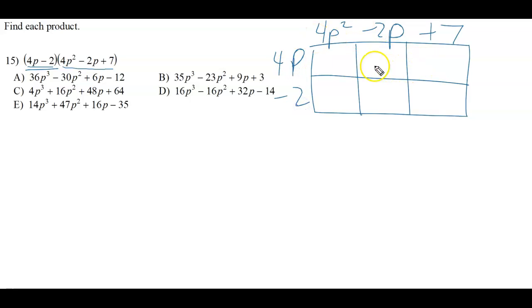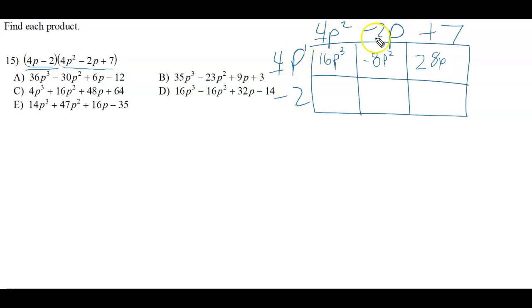And once again, you just multiply to fill in your box. So we have 4 times 4 is 16. And p to the first power times p to the second power is p to the third power. And so on. 4p times negative 2p is going to be negative 8p squared. 4p times 7 is going to be 28p.